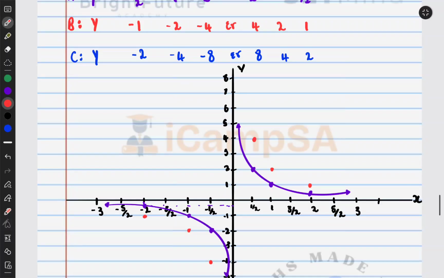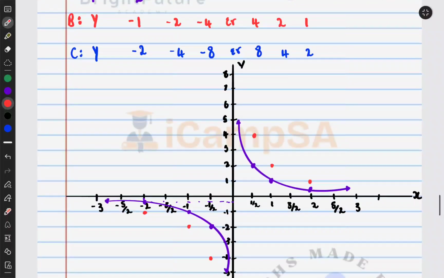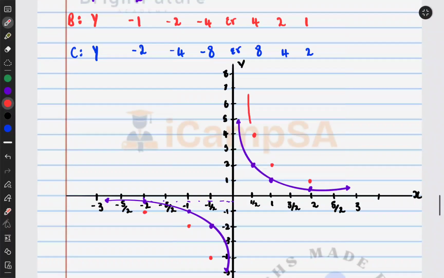So can you already spot what we mentioned, that when we increase the value of a, our function moves further away from the asymptotes or the x-axis.